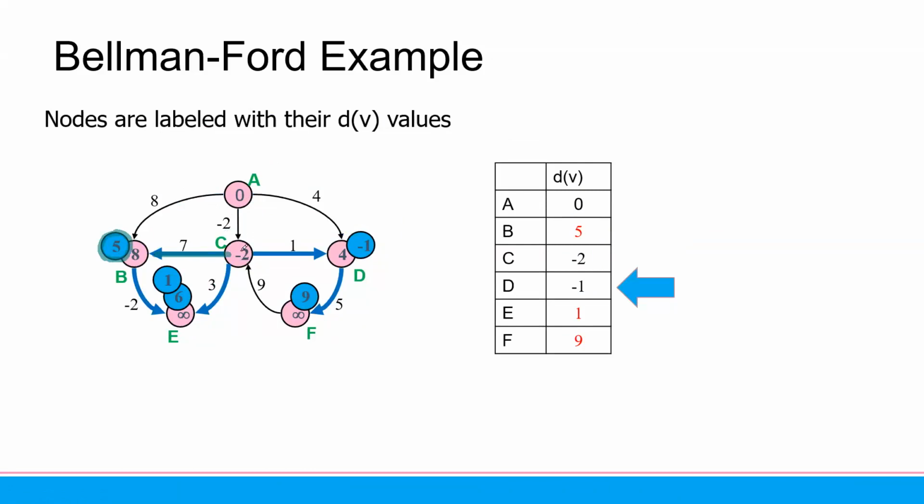And then minus 2 plus 1. It will be updated to minus 1. Minus 2. There is no direction to here. Okay. Then we will not calculate this one, but we will calculate from C to D, which is minus 1, and then D to F.